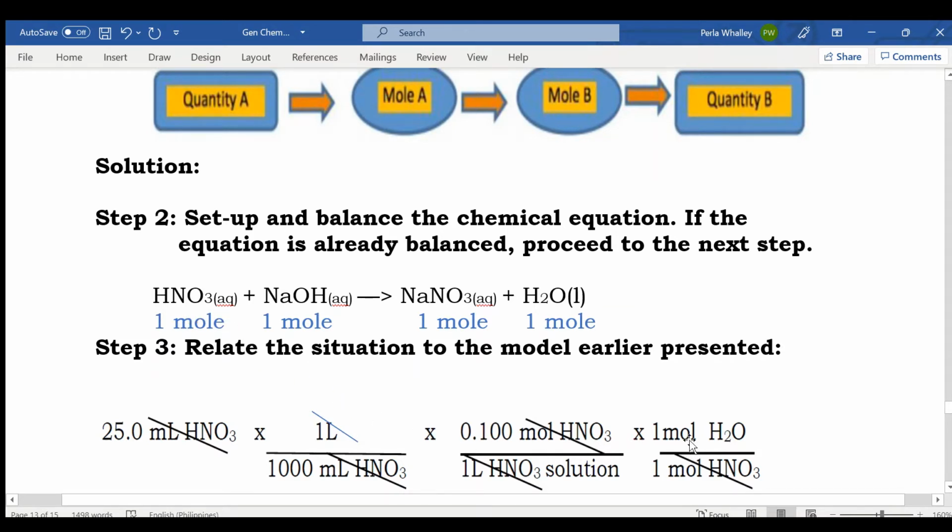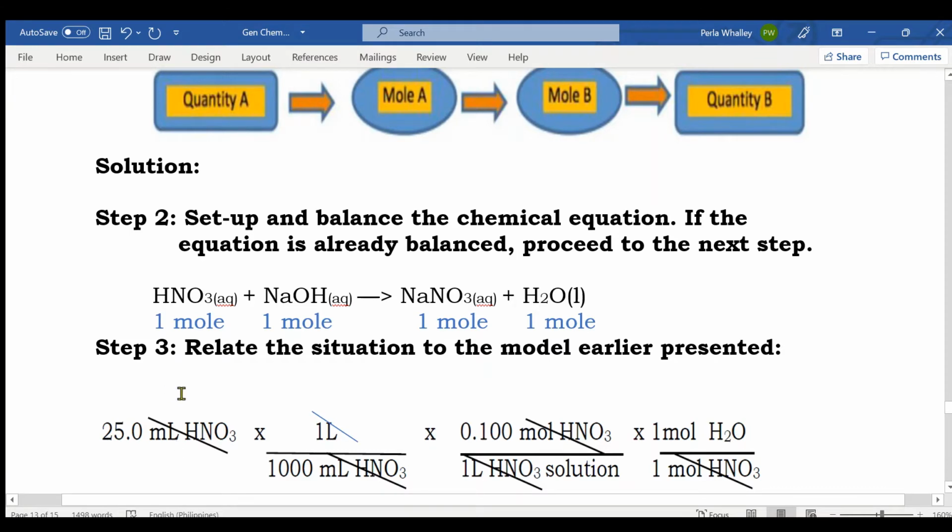So, 1 mole water over 1 mole HNO3. Class, remember that we arrange it this way so that we can cancel out mole HNO3, and what is left is mole water in the numerator, which is what is required.